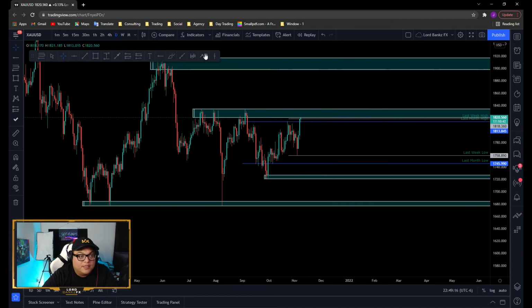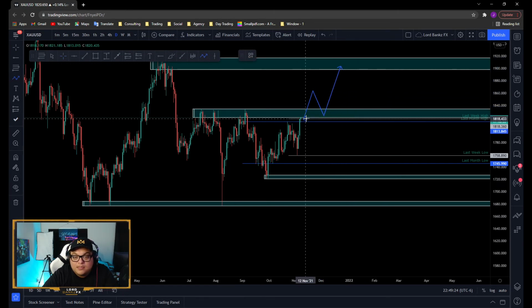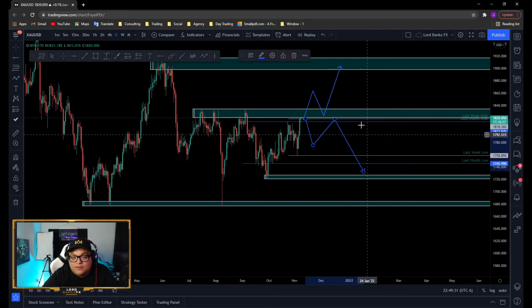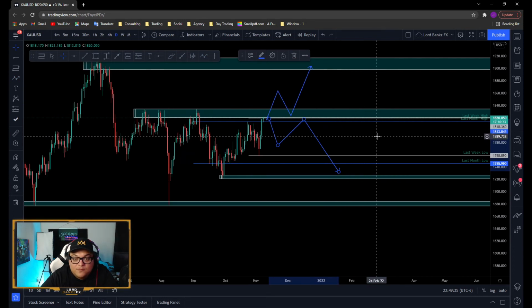But yeah, with this, couple of things here. You break through, come back, retest, go for higher highs, reject, back retest, go down for lower lows. I think that's two different patterns that we can look for here in gold.